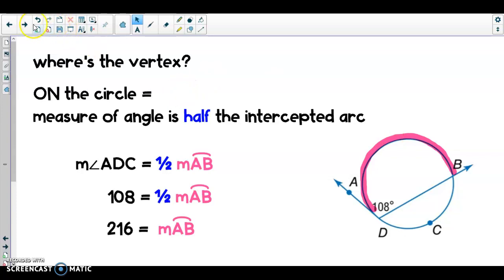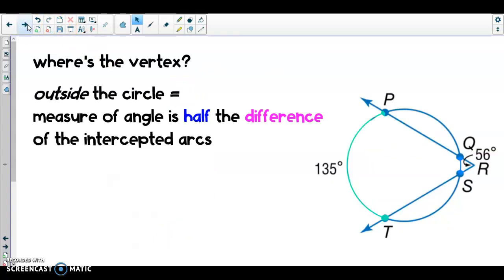Lastly, what happens if you have a vertex outside the circle? Well, the measure of that angle is going to be half the difference of its 2 arcs. So here we have angle QRS. This angle has 2 intercepted arcs that are on the interior of the angle.